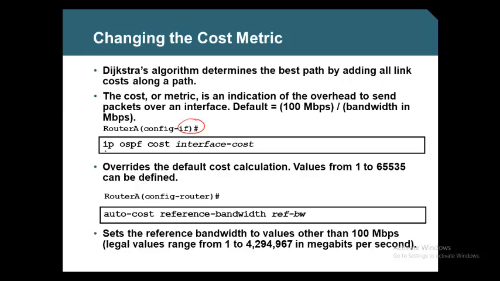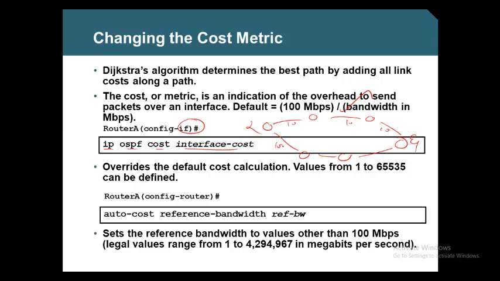For example, I have two routes to reach from alpha to epsilon, and I want OSPF to choose this route. So I'll manually give cost 10, 10, 10 on this path, and 100, 100, 100 on the other.